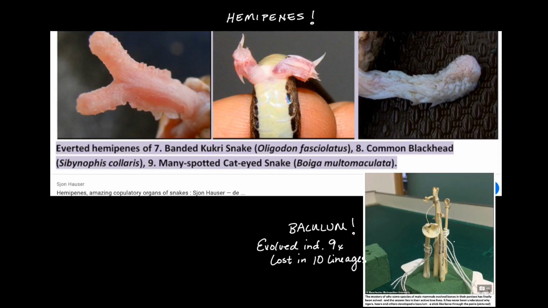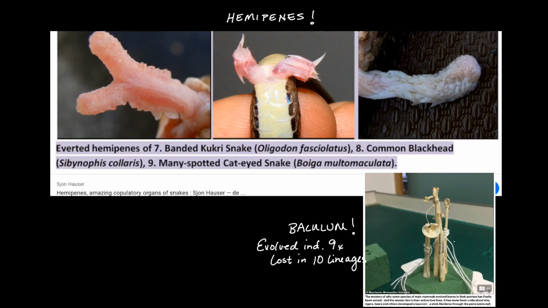So obviously humans don't. A lot of marine mammals don't have them. Rabbits don't have them. There's a whole list of species that don't have them, but for the most part, more do than don't. And this bone has evolved independently 9 different times within the mammal group, and it's been lost in 10 separate lineages.